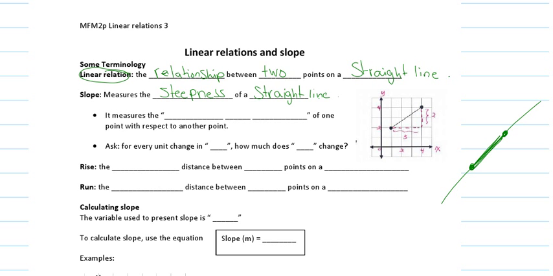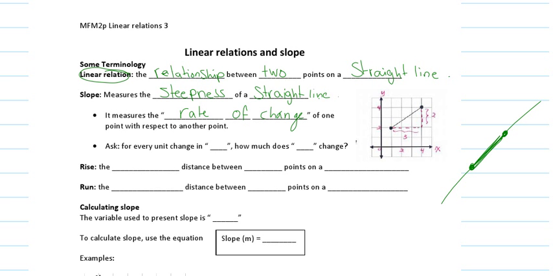So it measures the rate of change of one point with respect to the other point. So all of these words, they do mean slope. Okay? So when the question is saying find the rate of change, or find the slope, or find the steepness, they all mean the same thing.